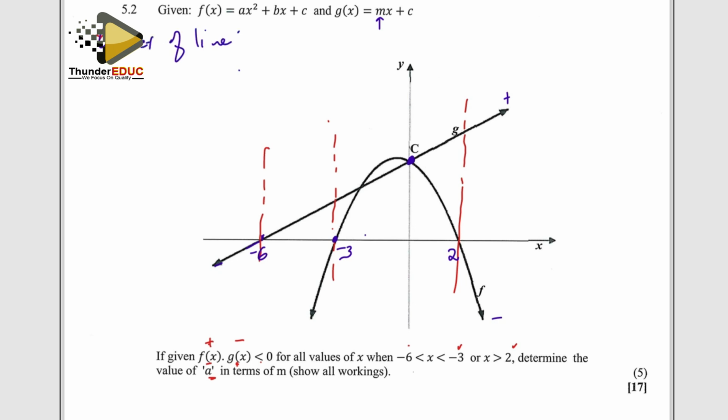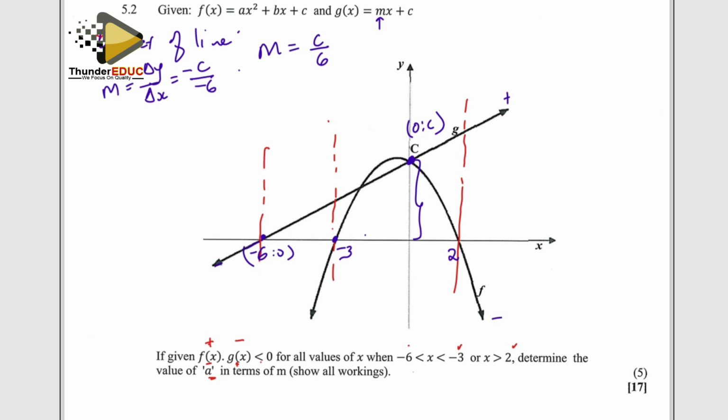So I know that this is 0 and c. Then I can use this as -6 and 0. I can just look at the change in y and then the change in x. So that's gonna be change in y over change in x. That's gonna be -c over -6. So which means m is gonna be c over 6 for that case.